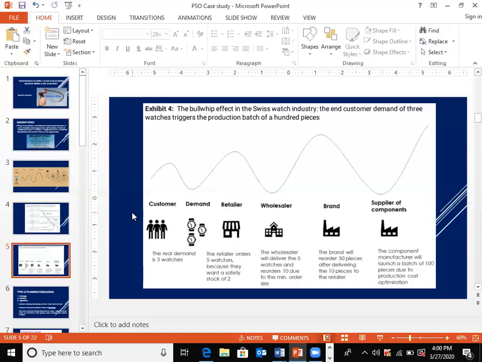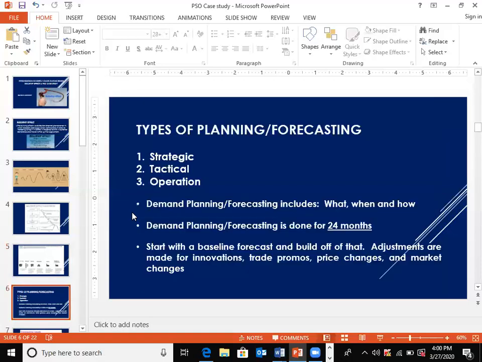So that's why companies are very interested in reducing the bullwhip effect, and I'll be discussing methods for them to reduce it. But this is a phenomenon that does happen across the board in all industries.